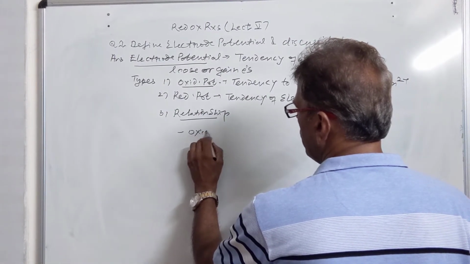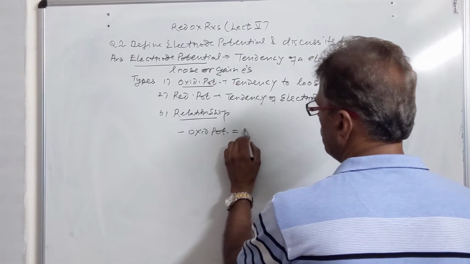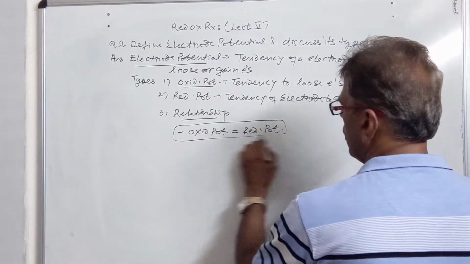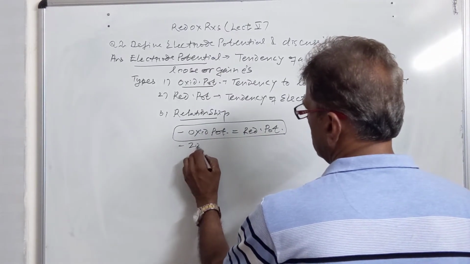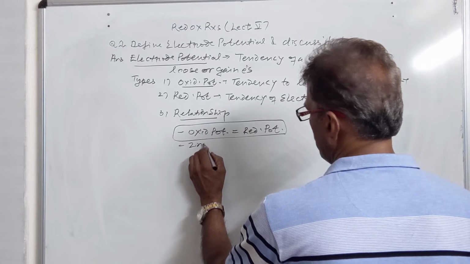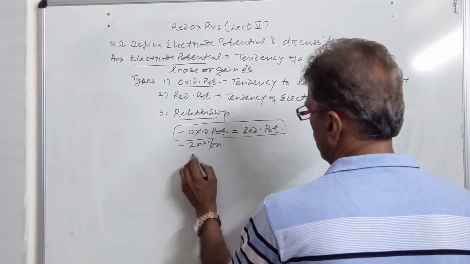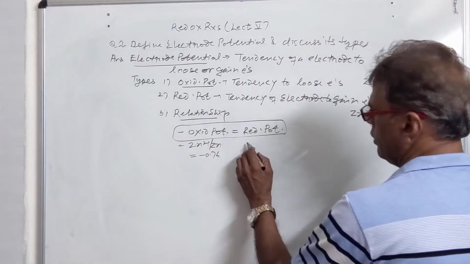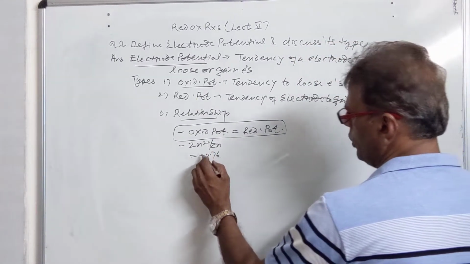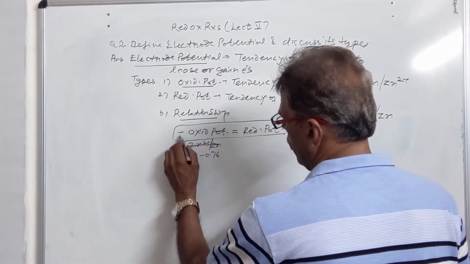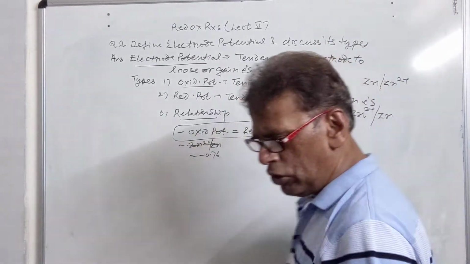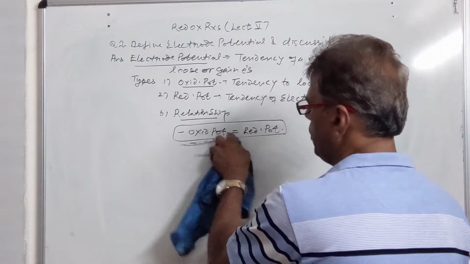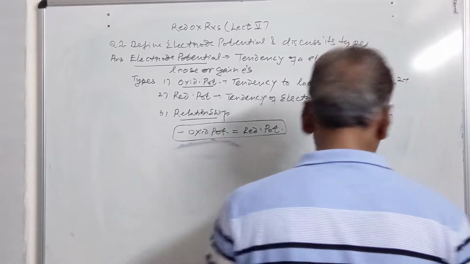Minus oxidation potential becomes the reduction potential. So for Zn to Zn2+, this is 0.76 volt. Now the oxidation potential of this electrode was 0.76 volts, and when its sign is changed it will become minus 0.76 volt.